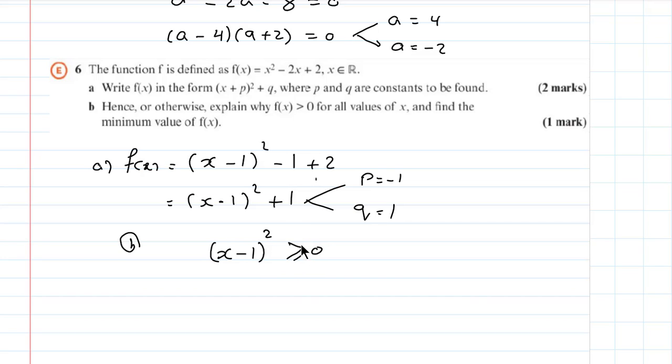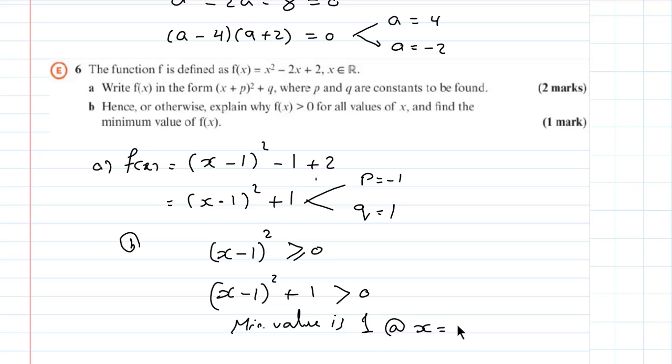Equal to 0 in the case of x equals 1. And for all other values, this quantity should be positive. If we add 1 also to x minus 1 all squared, moreover we will add 1, of course it will be more than 0. And the minimum value here will be what? Will be 1 at x equals 1. Minimum value is 1 at x equals 1.